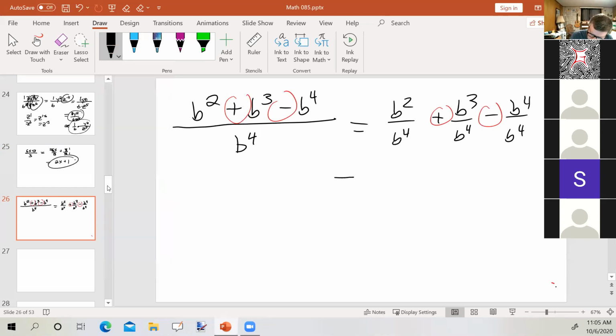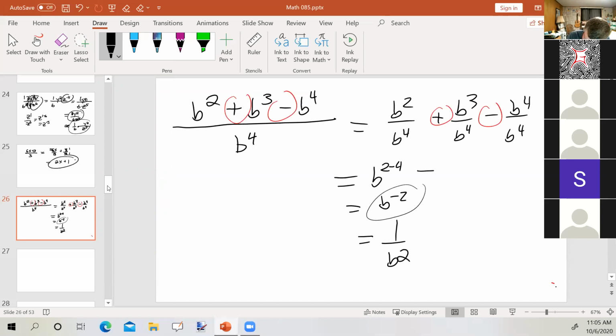Now, b squared divided by b to the 4th power is b to the 2 minus 4, which is b to the negative 2, which is 1 over b squared. Why didn't I stop there? Because I want to write my answer with positive exponents. Typically, that's the way they have you do it unless they tell you otherwise.